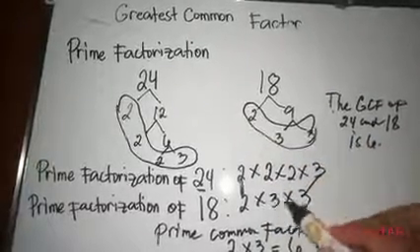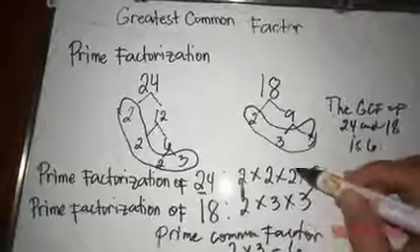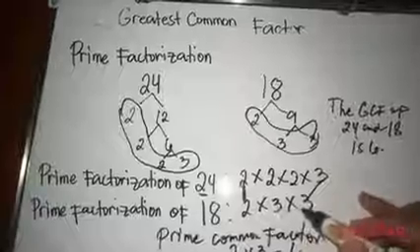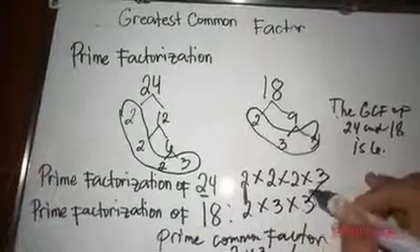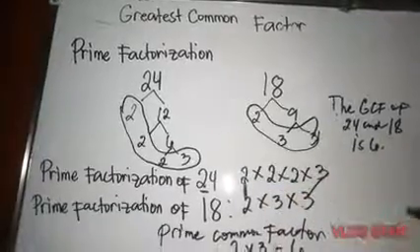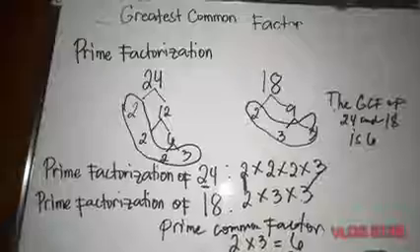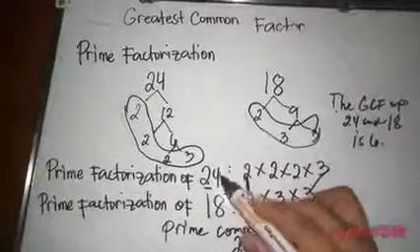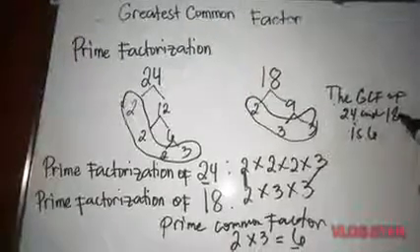We don't have any 2 in the prime factorization of 18. Another 2, there's no 2 in the prime factorization of 18. And 3, we only have 1 here. So 2 times 3 is the prime common factor of 24 and 18, making it the greatest common factor of the two numbers.